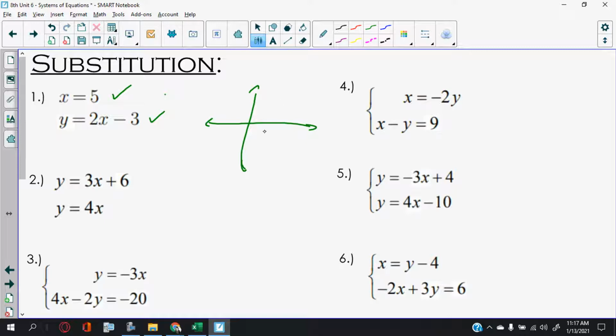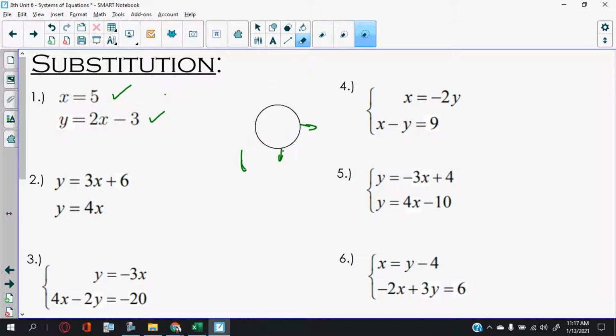So it'll be like (5, 1), (5, 1), (5, 5), 5 over, 5 up, 5, negative 5. So you're going to get a line like this for x equals 5. So again, that's an equation. I just want you to know that.